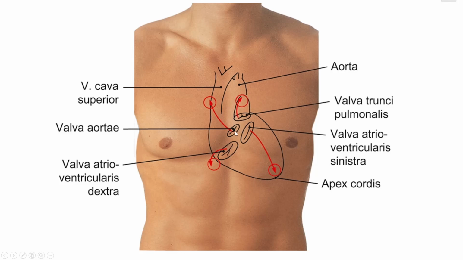Here we have the valva aortae, which projects the sound to the right second intercostal space. The atrioventricularis dexter projects the sounds to the right lower border of the sternum at the fifth intercostal space, and the apex is the projection of the atrioventricularis sinister, the valva mitralis.